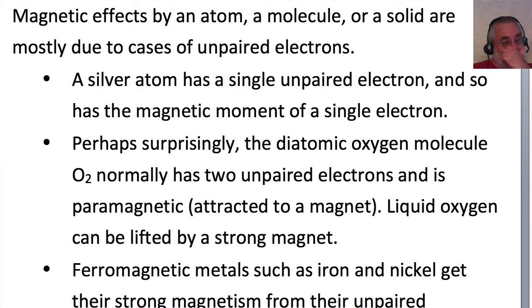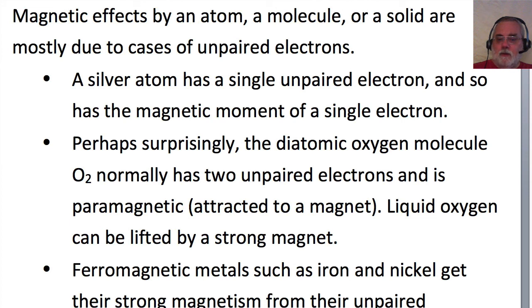Magnetic effects by an atom, a molecule, or a solid are mostly due to cases of unpaired electrons. A silver atom has a single unpaired electron, and so has the magnetic moment of a single electron. Perhaps surprisingly, the diatomic oxygen molecule O2, which is present in our atmosphere, normally has two unpaired electrons, and it is paramagnetic.